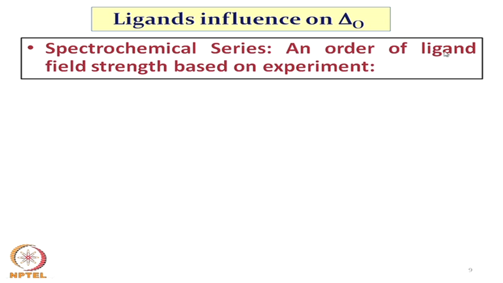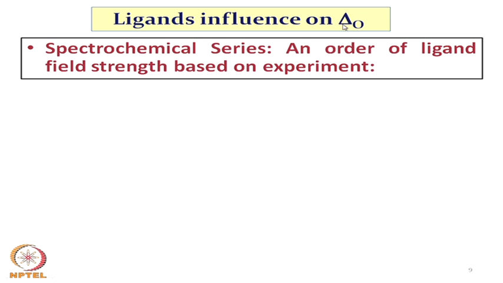So, we get an order of ligand field strength based on experiment, which is definitely experimental proof, that we will be able to measure the corresponding lambda values, and lambda values will tell us the corresponding energy values for the delta octahedral.